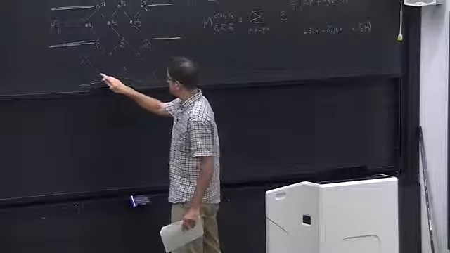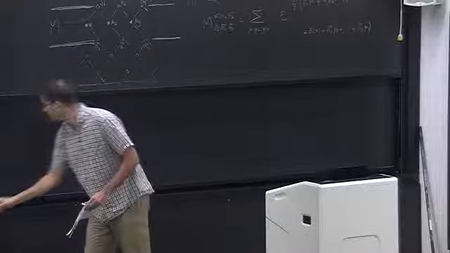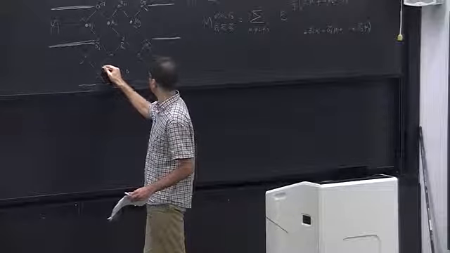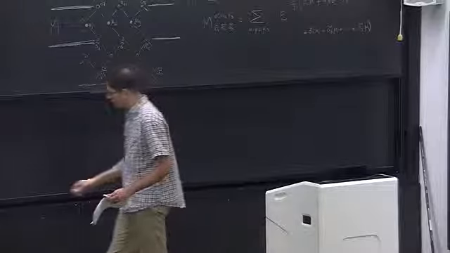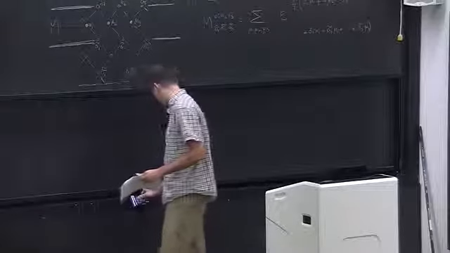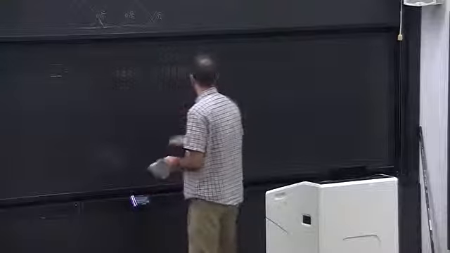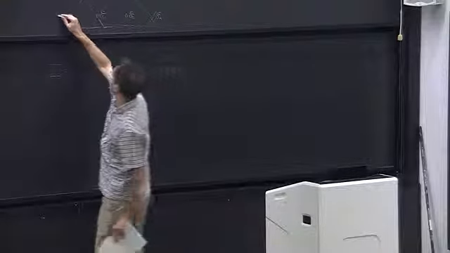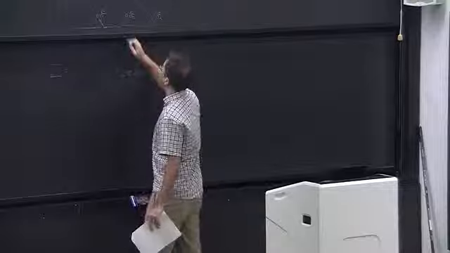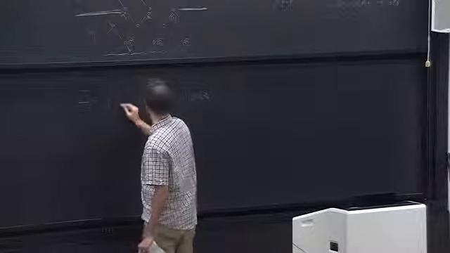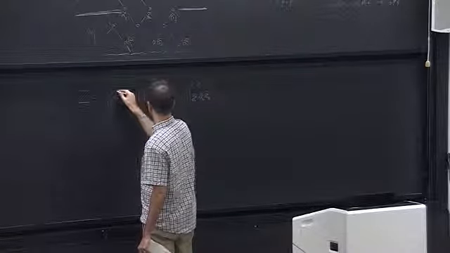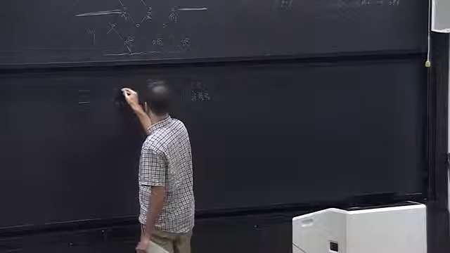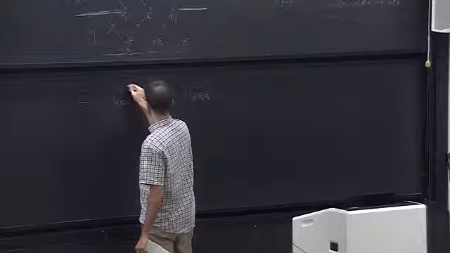Now I'm labeling the next row with sigma 1 double tilde. And then I'm saying there is another copy of M here, but it has these other indices. And finally, there's another one on top, which has indices sigma 1, sigma 2, sigma 3, and sigma 1 double tilde, sigma 2 double tilde, sigma 3 double tilde.